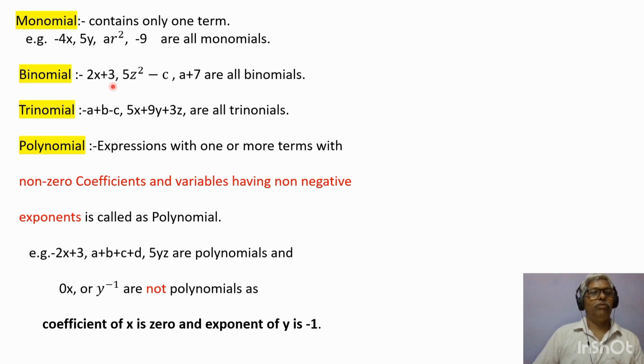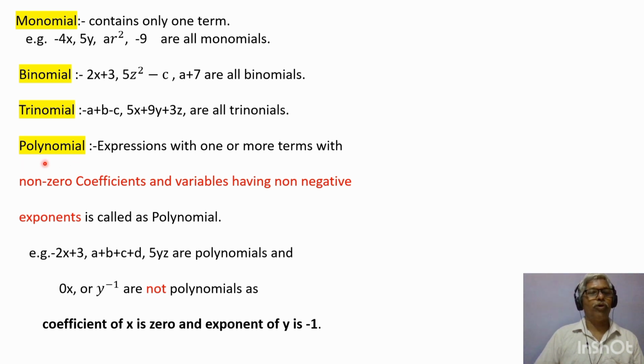Binomial contains two terms: 2x plus 3, 5z square minus c, a plus 7 are all binomials. Trinomial, naturally three terms: a plus b minus c, or a plus b plus c, 5x plus 9y plus 3z are all trinomials. Now polynomials.